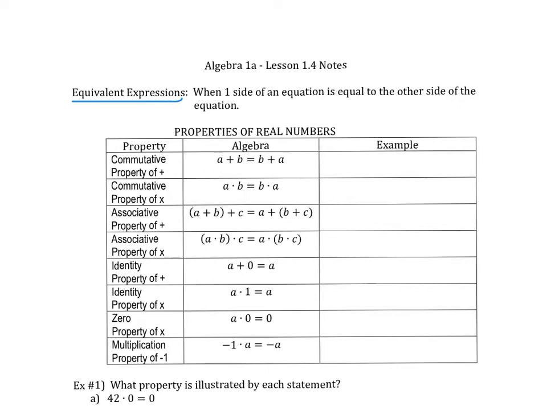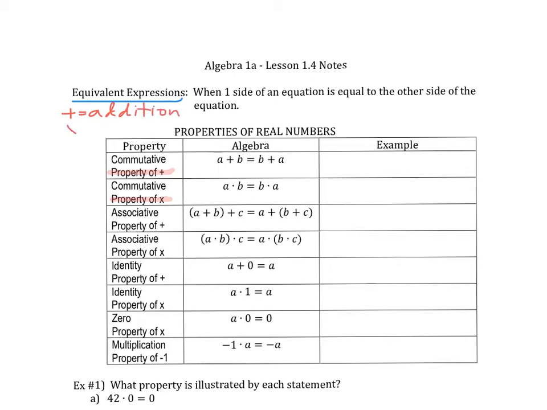So I have all these properties, and if you'll notice, there are properties of addition, and there are properties of multiplication. Now, I didn't write out the word, I just put a symbol. You are welcome to do the same when I ask you what property it is, okay? So just know that when you see a plus, it's saying addition.